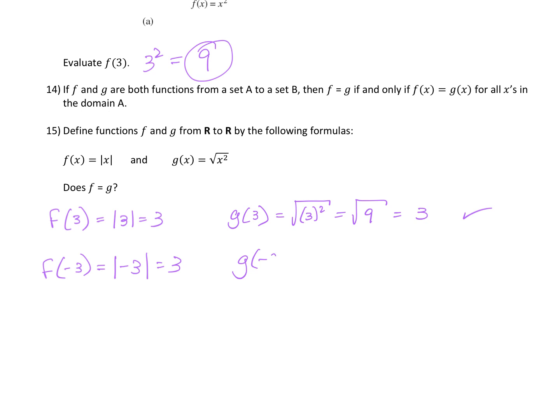And g of negative 3 would be the square root of negative 3 squared, which is the square root of 9, which is 3. So yeah, I'm pretty convinced that this will always be the absolute value of x. Okay. So yes, f equals g.